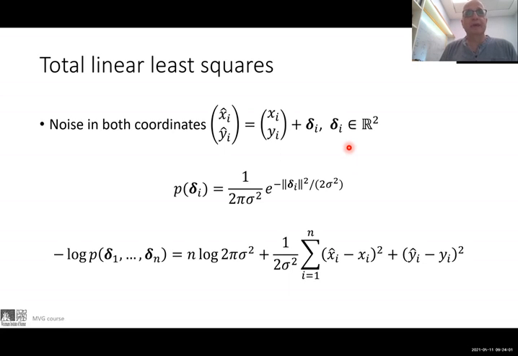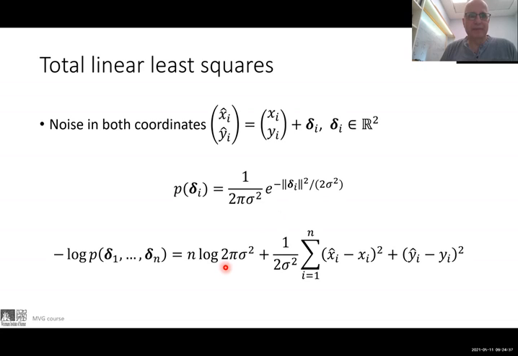Again, we assume that the probability of the noise is Gaussian, IID, and so the usual Gaussian equation. Now we take the norm of delta i in the exponent, and we assume that the noise in x and in y are of equal variance, and so we just divide by 2 sigma squared. Again, we take the minus log likelihood.